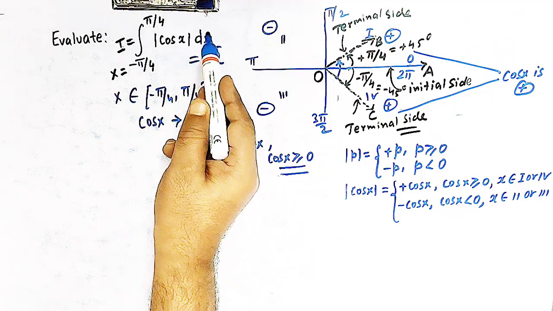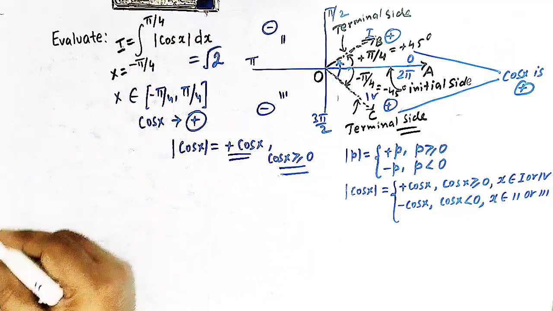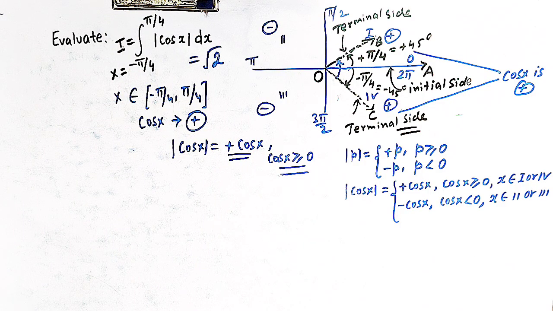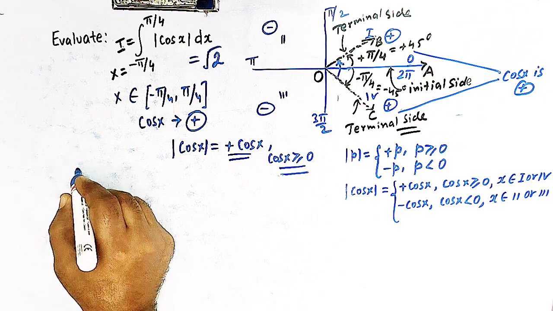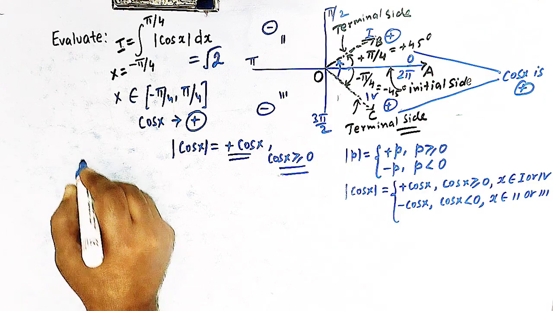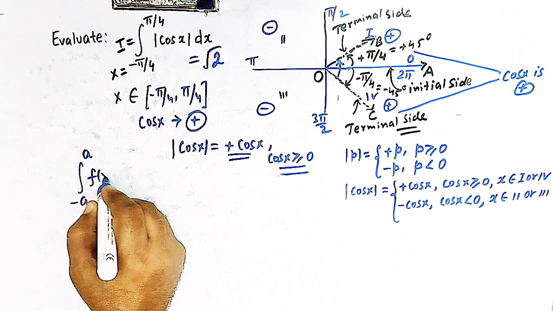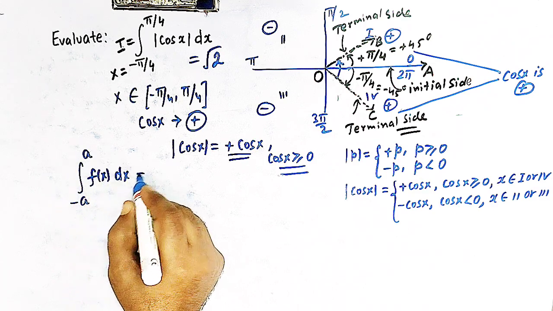But here we can also evaluate this integral using the properties of definite integrals. That is, we can make use of this property: the integral from minus a to a of f of x dx.